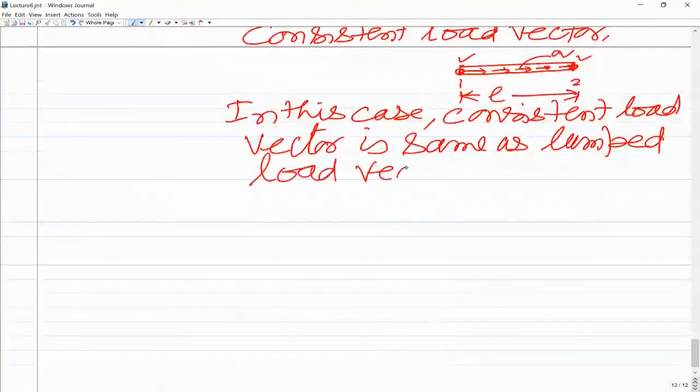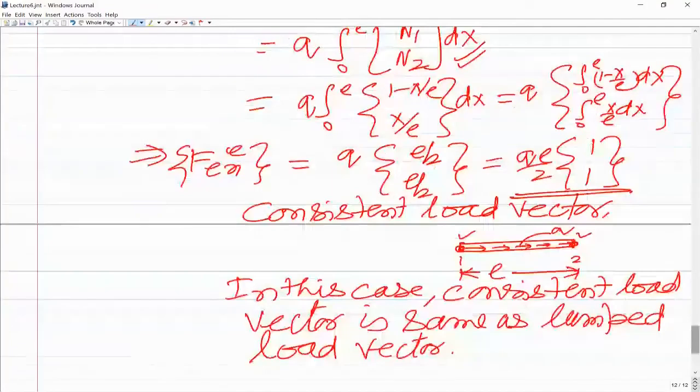As I already explained, you take the total load and equally divide it between the nodes. So the total load is q into small l, there are two nodes, so ql by 2 at each node, and therefore ql by 2 and ql by 2. So it will be the same as this. So this is the concept of the consistent load vector and the concept of the lumped load vector.